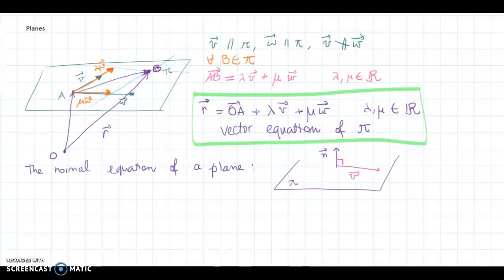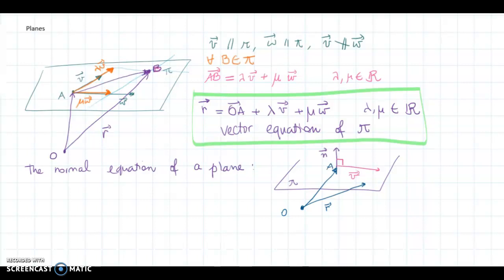Okay, so how do we do this? Let's say we consider the position vector of any point on the plane, so R over here, and then we consider the position vector of any fixed point of the plane, let's say point A over here.